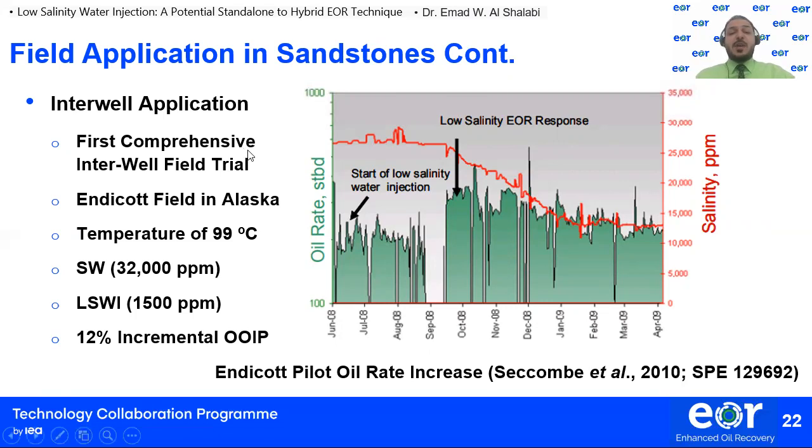What they have done, as you can see here in the graph, is that seawater had been there for a while, and then as soon as they started their low salinity water injection, 3 months later you see the effect on oil rate. So oil rate was at a certain level, then as a result of injecting low salinity, it increased. And they reported an incremental oil of about 12% of original oil in place.